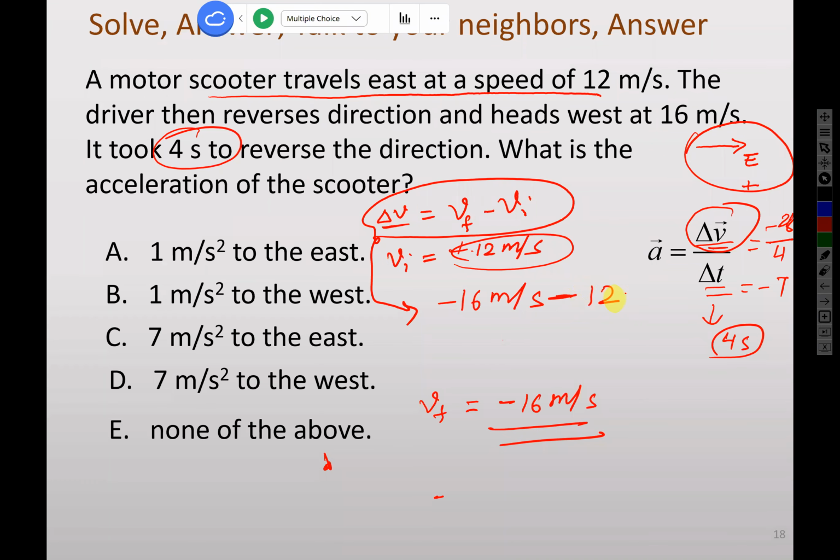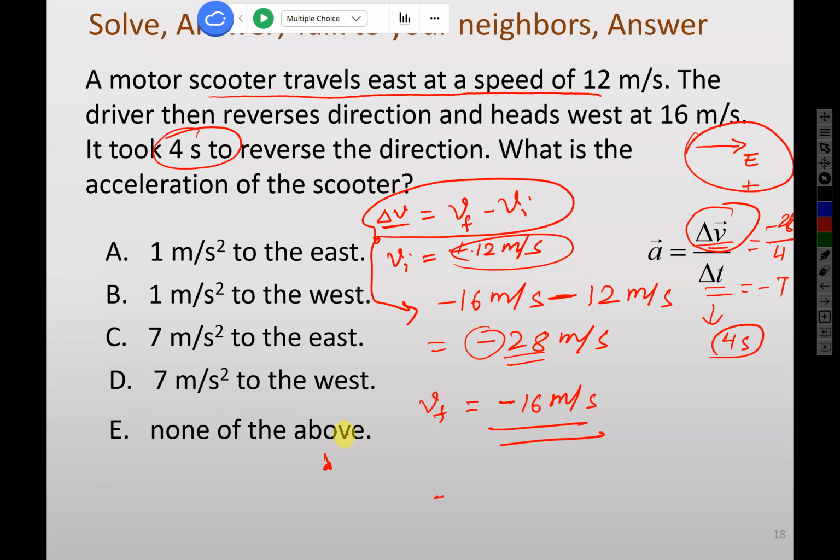So this is going to be negative 12 meters per second. So the total is negative 28 meters per second. So that's the change, which means the acceleration is going to be negative 28 over 4, which is negative 7. And again, this negative means west.